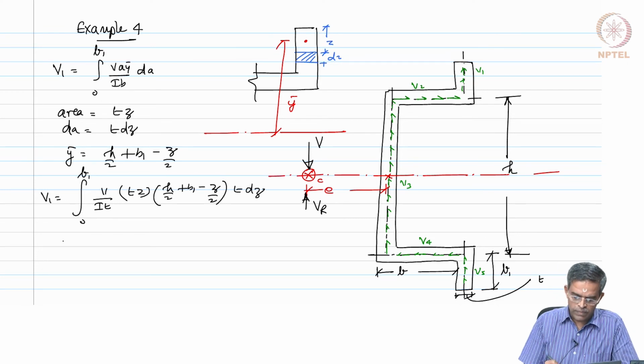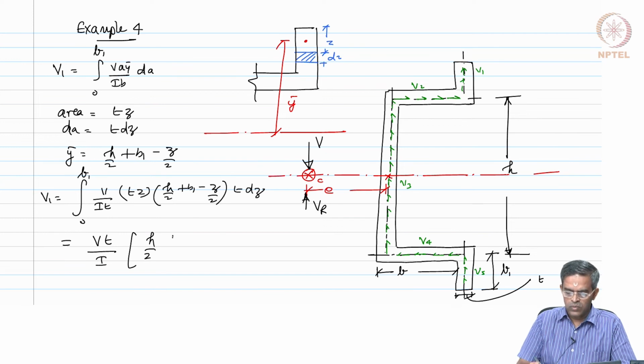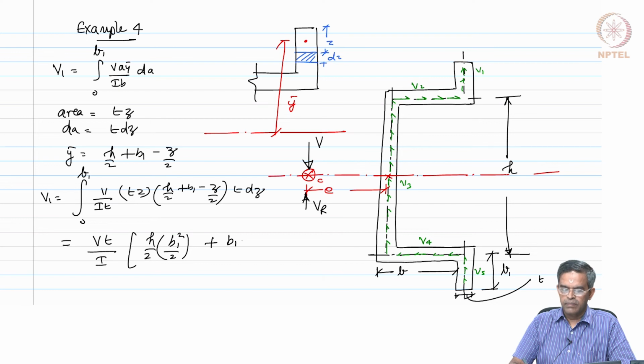Simplifying and substituting, I will get V1 as V t by I, h by 2 B1 squared by 2 plus B1 squared by 2 minus B1 cube by 6.